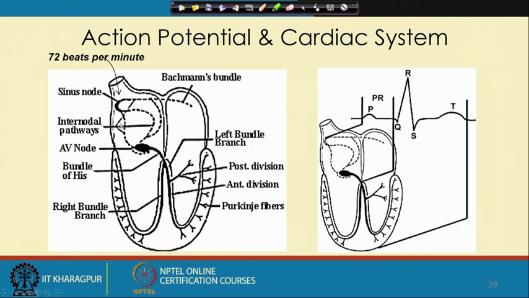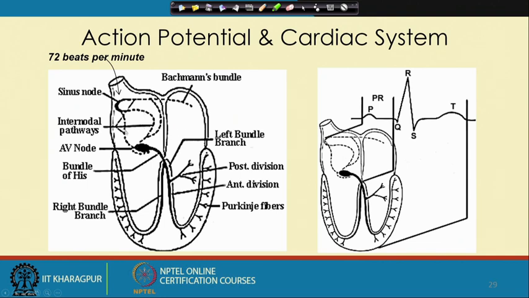We know that the upper right chamber, or atrium, collects the blood coming from the veins, which is rich in carbon dioxide, and it is supposed to give the blood to the lower ventricle.